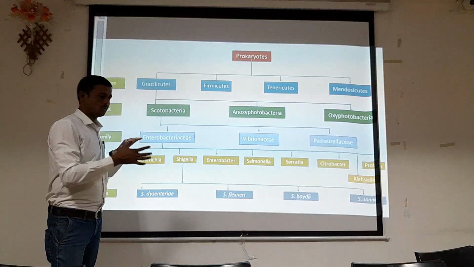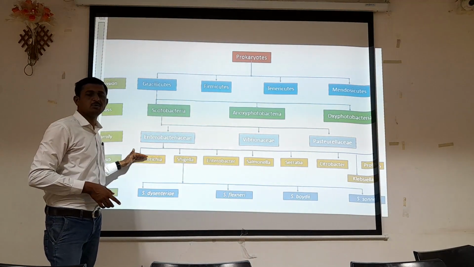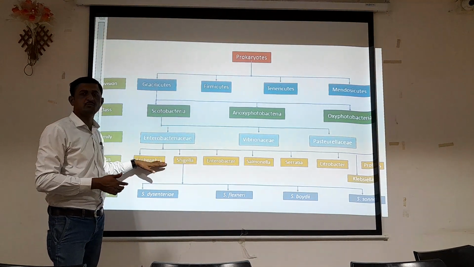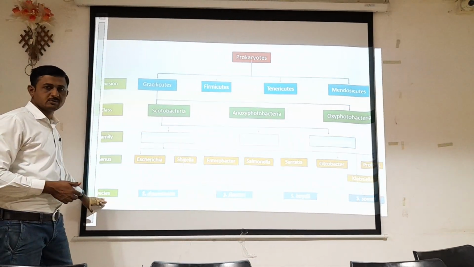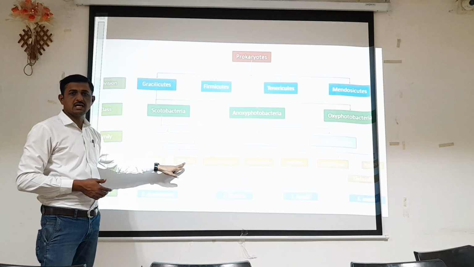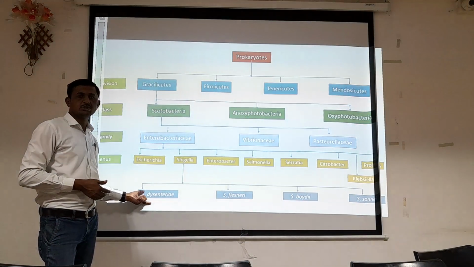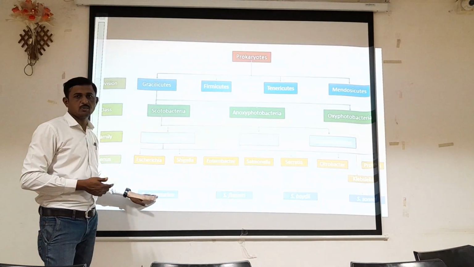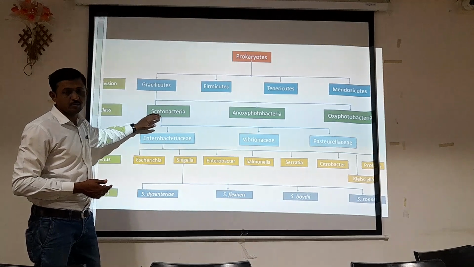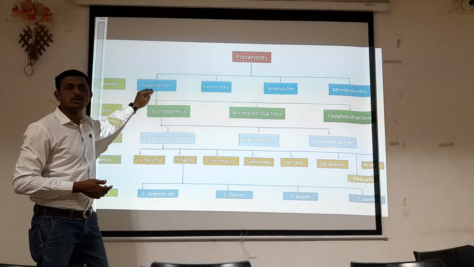Now the genera are again classified into species. Shigella is the name of a genus, and Shigella dysenteriae is the causative agent of dysentery in human beings. It is a member of the Enterobacteriaceae family, of the Scotobacteria class, and of the Basilicutes division.